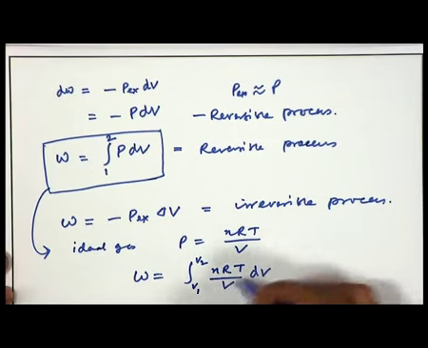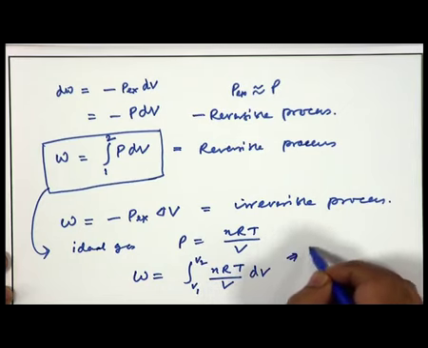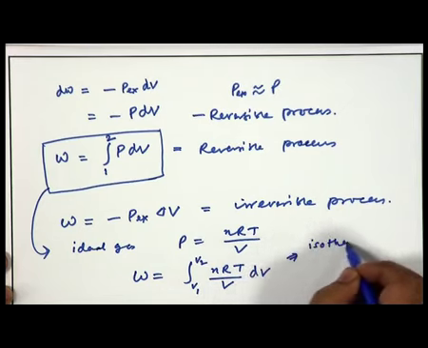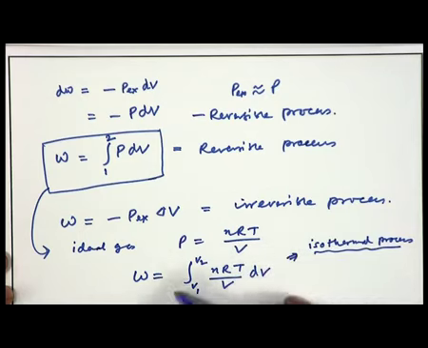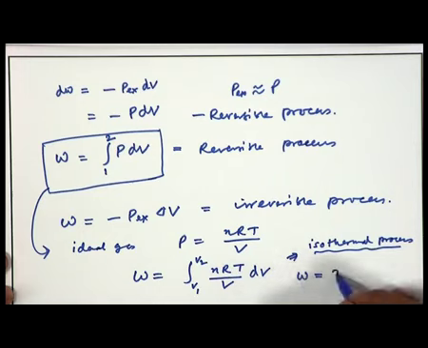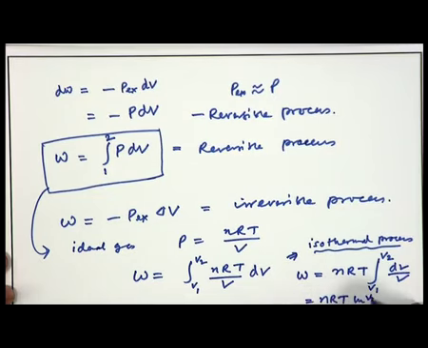If we restrict the discussion to an isothermal process, then T is constant, I can take T out of the integral. So, W would be nRT times the integral from V1 to V2 of dV by V, or nRT ln V2 by V1.